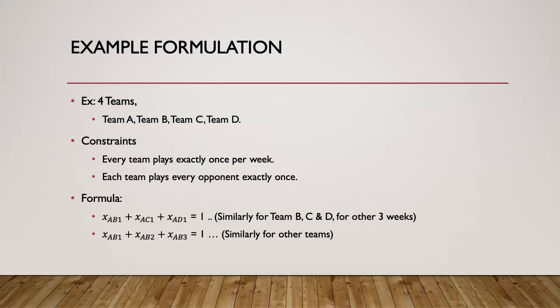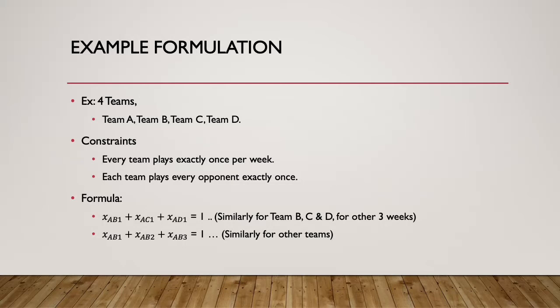Let's see an example for that formulation. Let's assume we have 4 teams: team A, team B, team C, and team D. The constraints are that every team plays exactly once per week, and each team plays every opponent exactly once. So the formula goes like this: xab1, xac1, and xad1. That is, the sum for team A playing with B, C, D in the first slot is going to be 1. That means team A is going to be playing in the first slot only once, and the other two variables are set to 0.